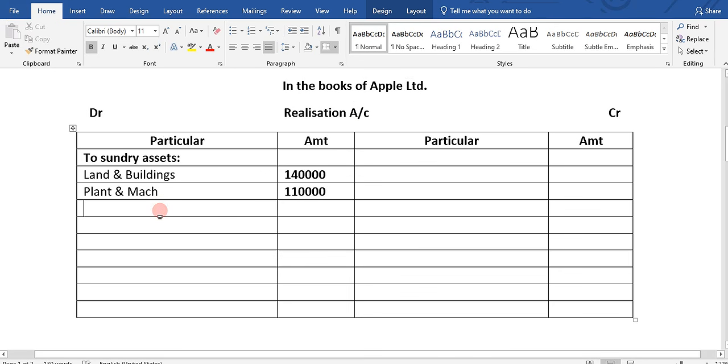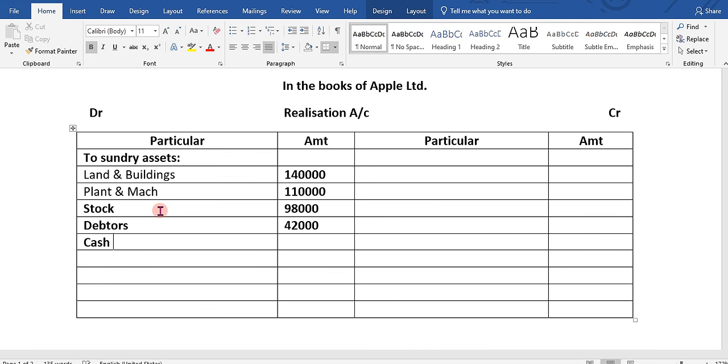So note down in realization debit side: stock 98,000, debtors 42,000 and cash 14,400. So all the assets we have recorded on the realization debit side.